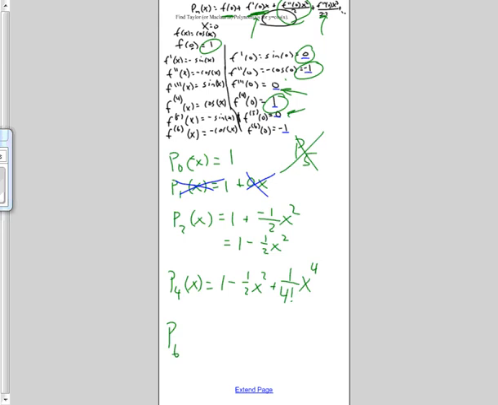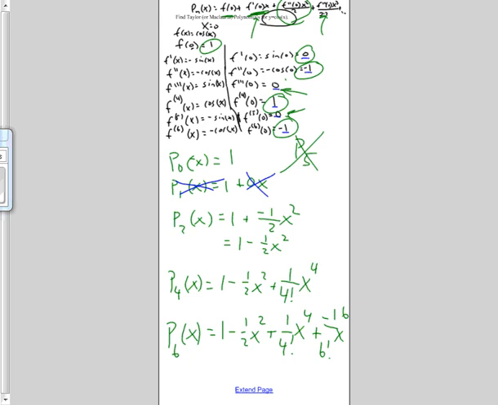So P of 6 of x, our 6th degree polynomial, would be 1 minus 1 half x squared plus 1 over 4 factorial x to the 4th plus, now we look at the 6th derivative, which is negative 1. So minus 1 over 6 factorial x to the 6th.